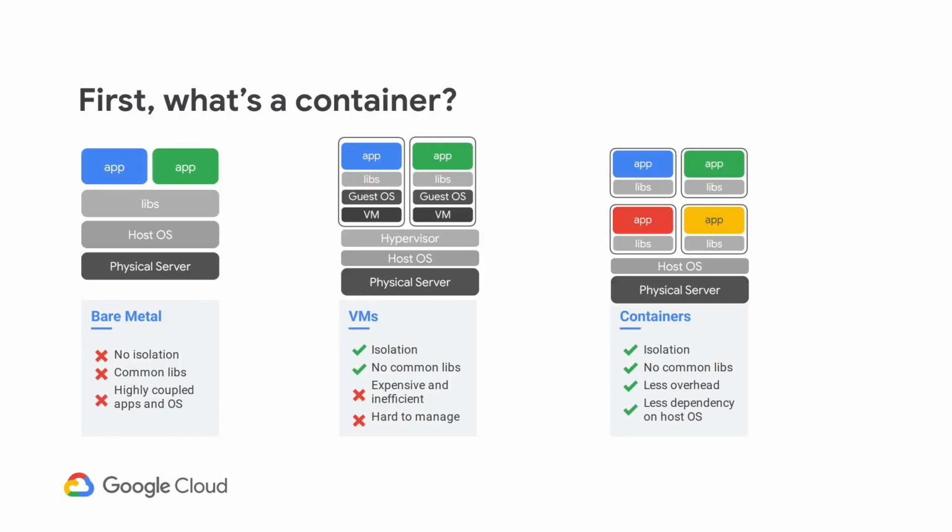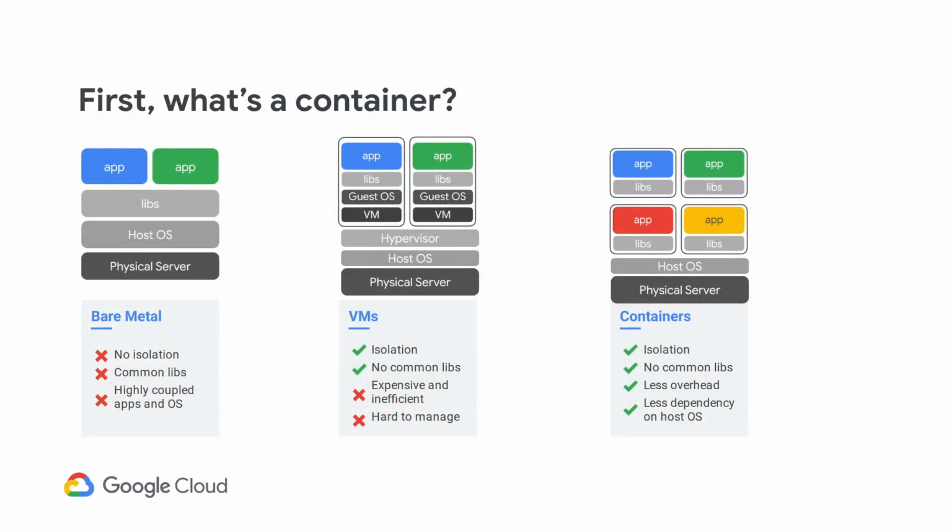Then came VMs. VMs are based on the physical server. There's the host OS, and then there's the hypervisor layer. This hypervisor layer then enables you to have VMs on top of it, and then you deploy your applications inside those VMs. And every single application consists of a guest OS. This way you achieve much better isolation.